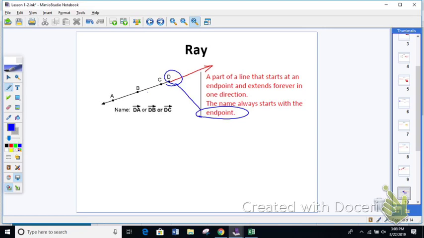Then we have to use a second letter again. Any letter, any point that the ray goes through. So we have several options. We've got the ray symbol, which is just an arrow going to the right.